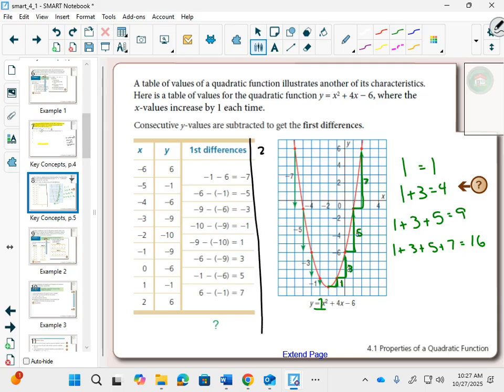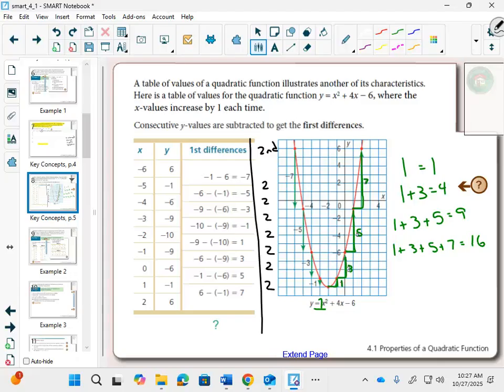Right beside this, you see that your second differences are always going up by 2? Up by 2, up by 2, up by 2. If your second differences are all the same numbers, that is another way to tell that your original function was quadratic. That's a really quick way to find out something's quadratic.